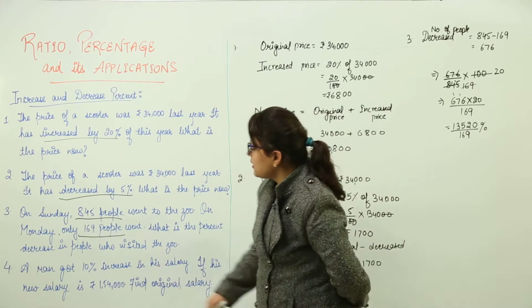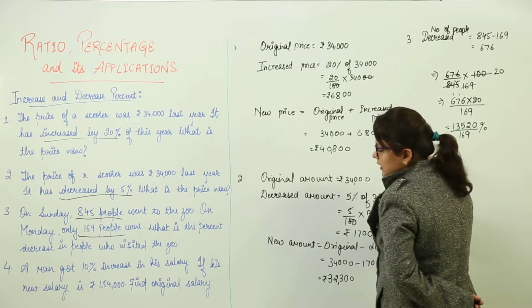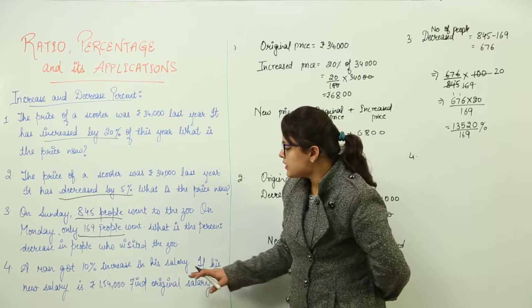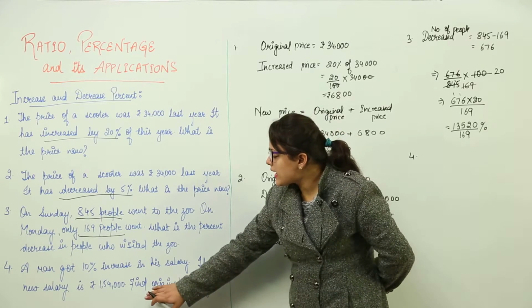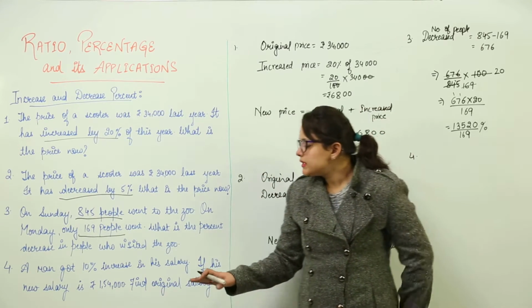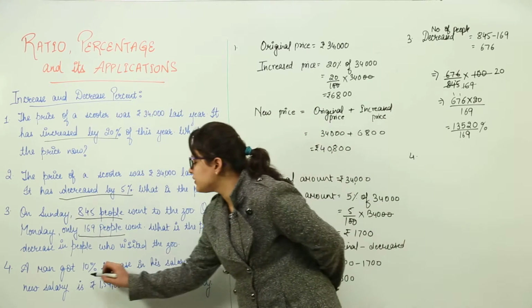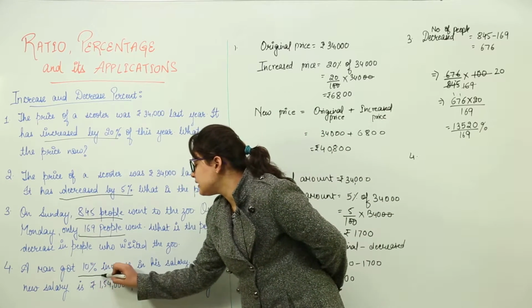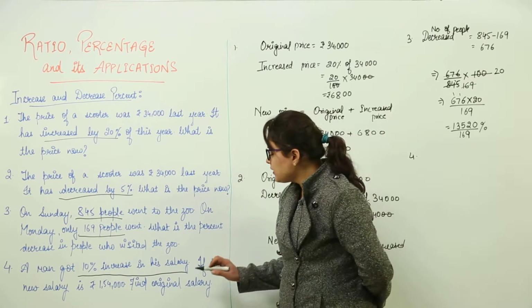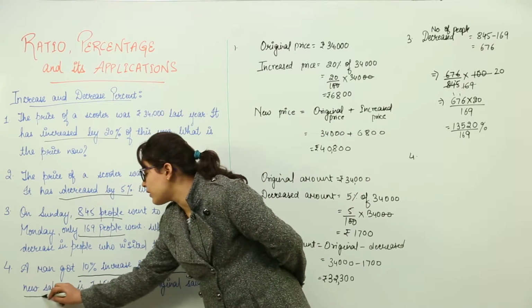Similarly, the next part, fourth question says that a man got 10% increase in his salary. If his new salary is 1,54,000, find the original salary. Now please pay attention to this question specifically, because it is saying that 10% increase in his salary has been done, and the new salary is being provided to you.